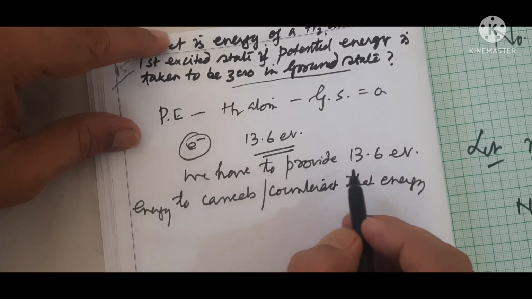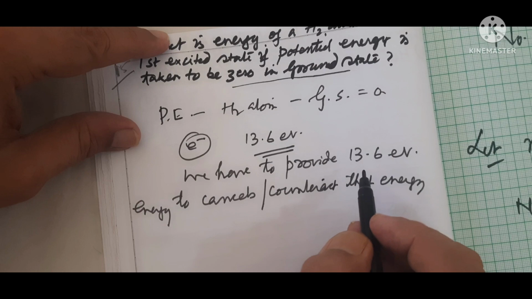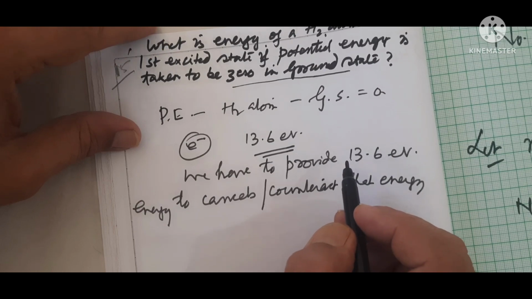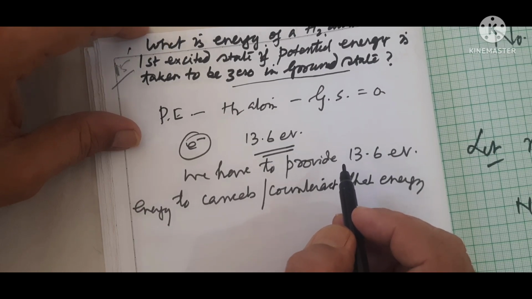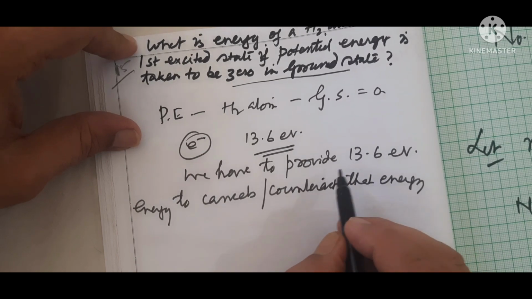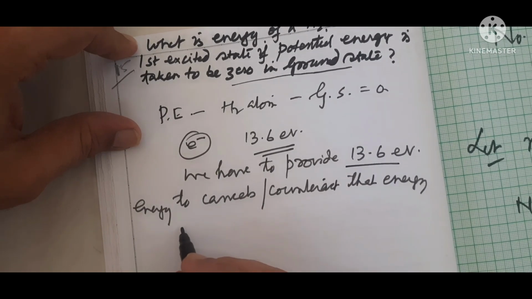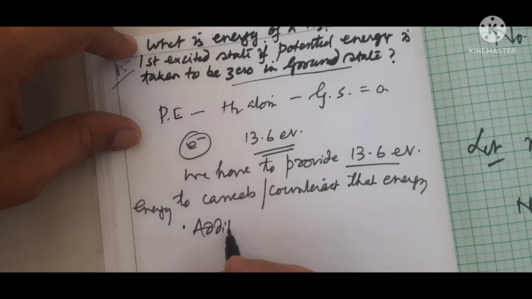Now we have to overcome this particular energy. In case of the first excited state, हम excite करा रहे हैं, इतना एनर्जी तो लगेगा ही, plus the additional energy is also required.